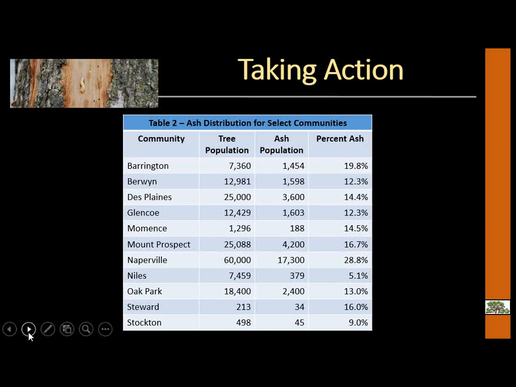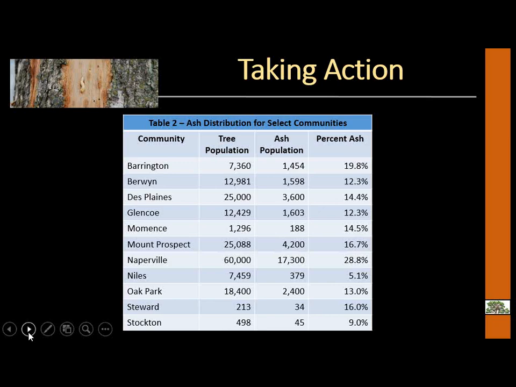While 15% seems like a high number, when American elm was found in some of these towns, like Oak Park, they had 16,000 American elms in their streetscape. When Dutch elm disease hit the village of Oak Park, they had a percentage of elm hovering around 85%.